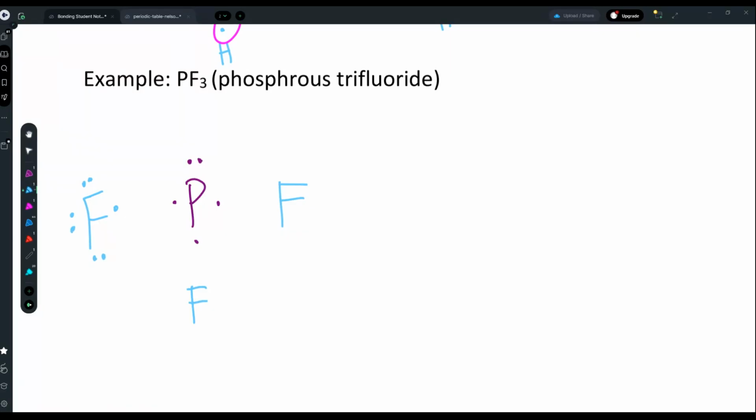So fluorine's part of group 17, so it has 7 valence electrons. And then I'm going to do the same sort of situation here, going counterclockwise. 1, 2, 3, 4, 5, 6, 7. And the reason why I'm doing this is so that the bonding electrons end up closest to each other. Seven. Okay. And then draw my loops.